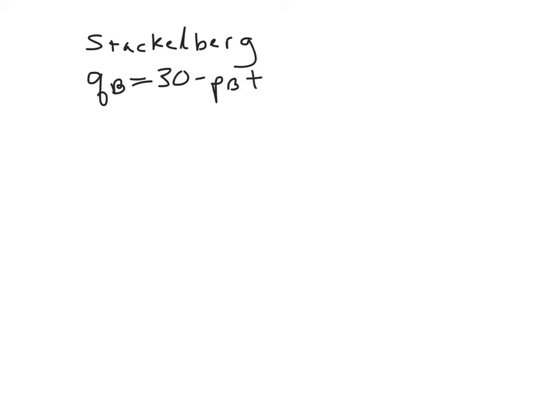So before she does any anticipating, that's her demand. But if she anticipates Francois' reaction function, her demand becomes 30 minus her own price plus Francois' reaction to her price, which is 12 plus her price divided by 2.